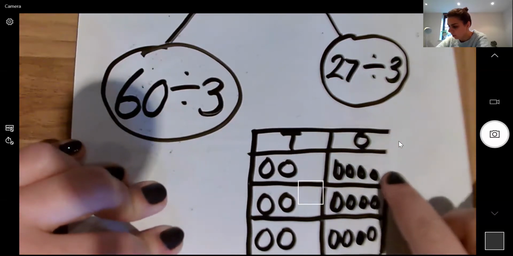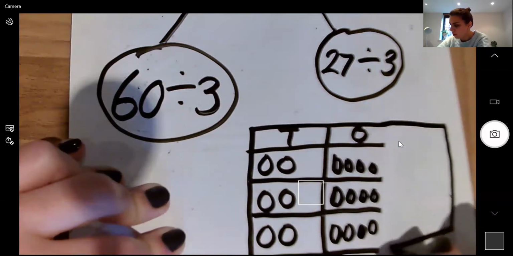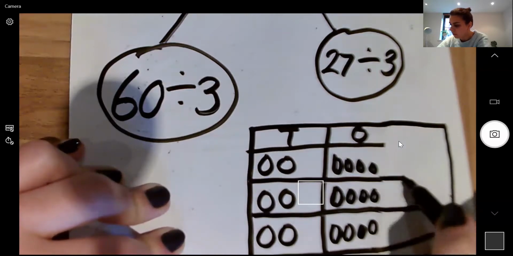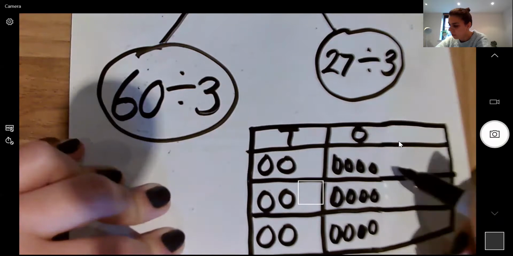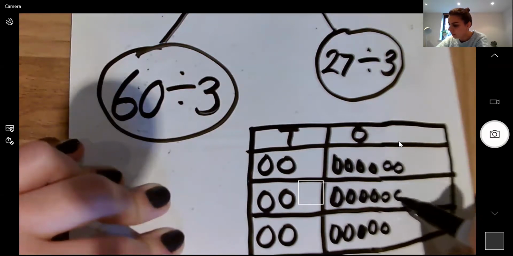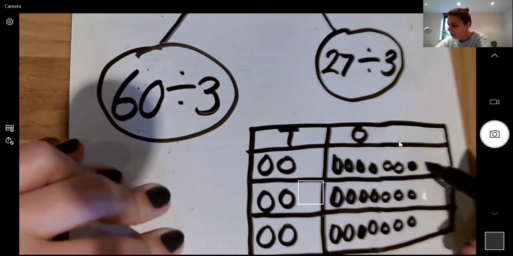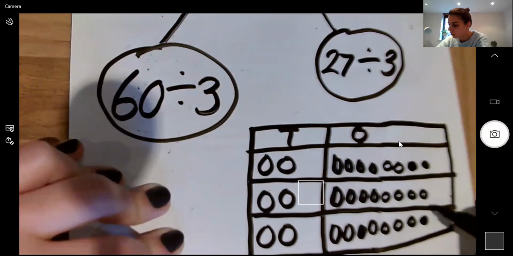Good thing about a whiteboard is I can make my box a little bit bigger. And I was up to 12. 13, 14, 15, 16, 17, 18, 19, 20, 21, 22, 23, 24, 25, 26, 27.